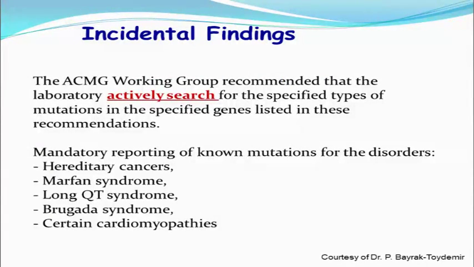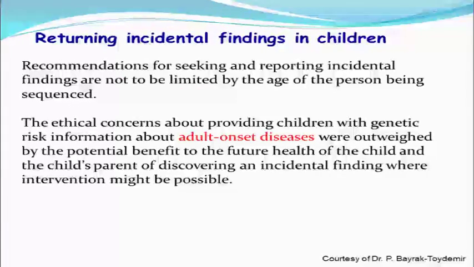And the ACMG working group also recommended that laboratories actively look for specific types of mutations in the specific genes listed in this recommendation, and here are listed the conditions.